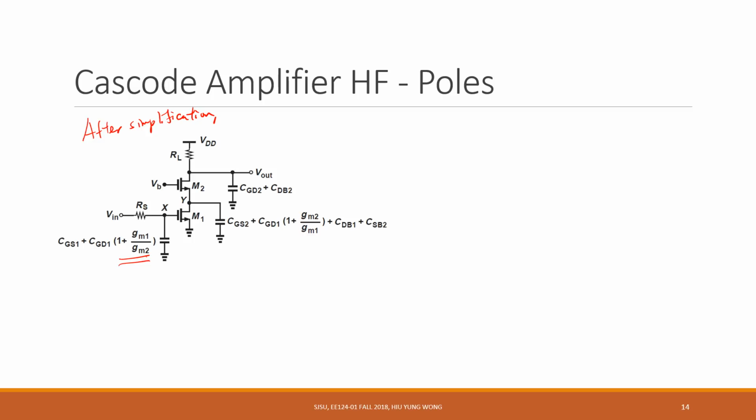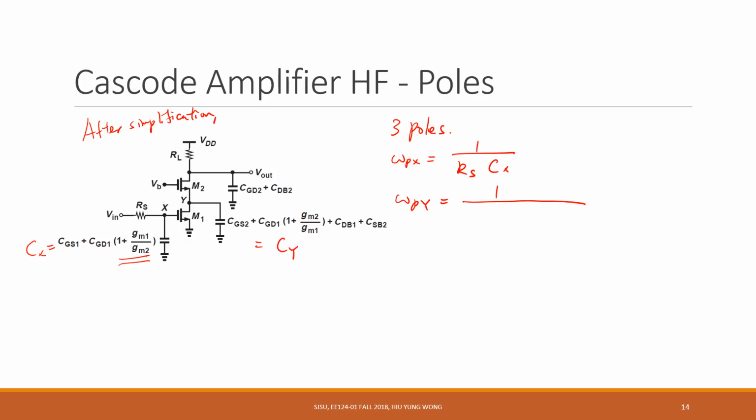And with this, we can find the poles. What are the poles? Let's try to find them, right? We have 3 poles. Okay, we have omega px, which is equal to, let me call this Cx, 1 over Rs times Cx, right? No problem. This is easy, right? Or py, I'll call this Cy. The point is, how do you find the resistance?